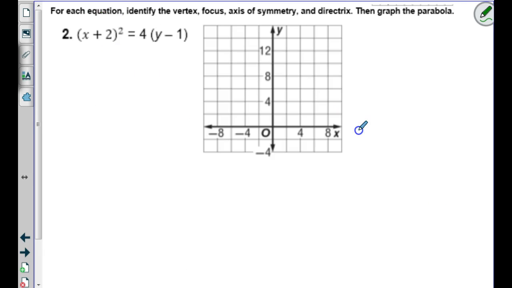All right, which way is this one going? Okay, talk me through this super fast. X minus h quantity squared equals 4p times y minus 1. What can you tell me? H is -2.